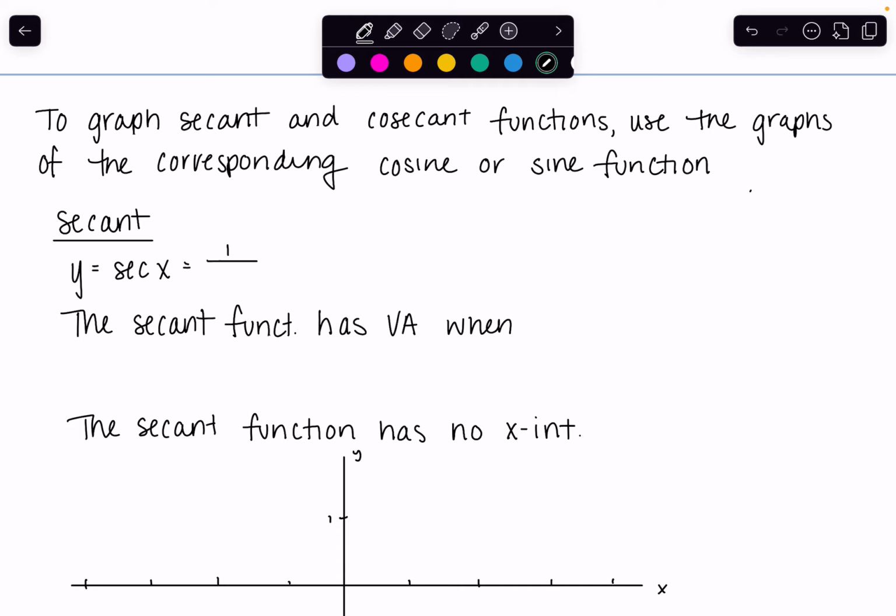That is 1 over cosine of x. And same thing as the tangent function, this is going to have vertical asymptotes when that denominator is equal to 0. And that's going to happen at those odd multiples of pi over 2.